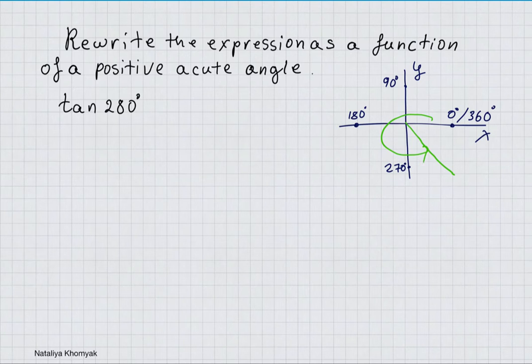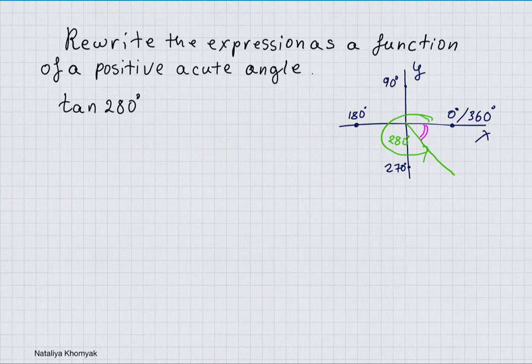So this is our 280 degrees. The reference angle, just like a reference triangle, is always made with the x-axis. So how many degrees does this angle make with the x-axis? It's always with the x-axis.